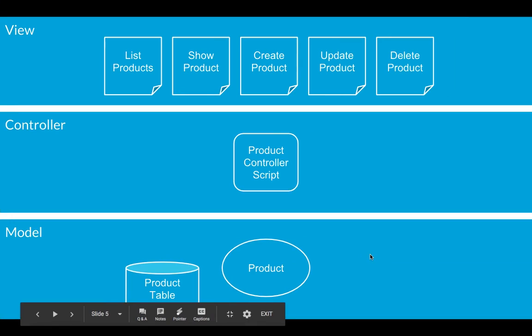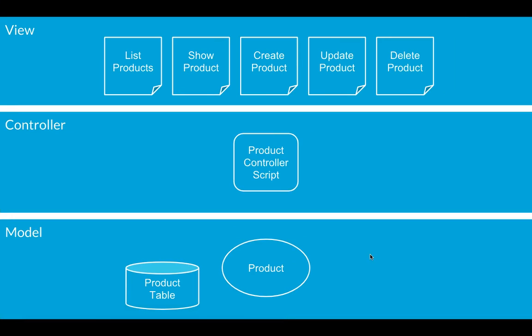Now, the way that Rails works enables another really important feature of Rails, and that is automation, or you could say code generation. So with Rails, when you're designing your web application, you start out by defining your data model.